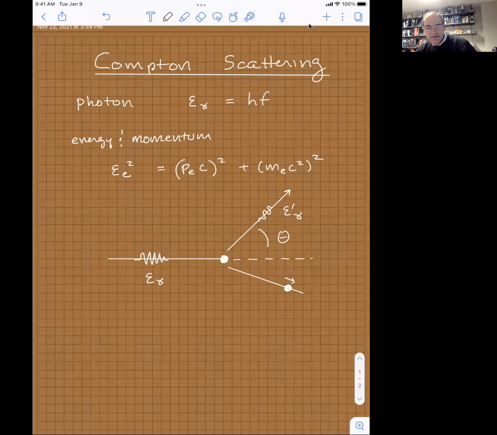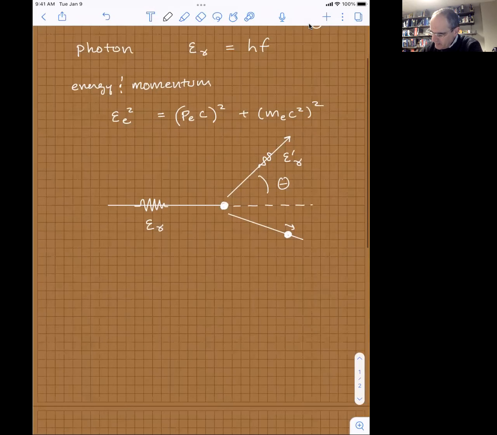So to do this, we need to think about this process as a particle collision and conserve energy and momentum. The goal of our analysis will be to find the energy of the scattered gamma ray, E prime.